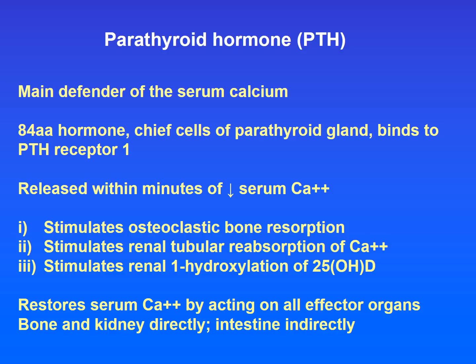The hormone acts by binding to a G protein coupled receptor, the parathyroid hormone receptor type 1, and as I mentioned, its synthesis and release is regulated by the level of ambient extracellular fluid calcium, and it can be a very rapid response.